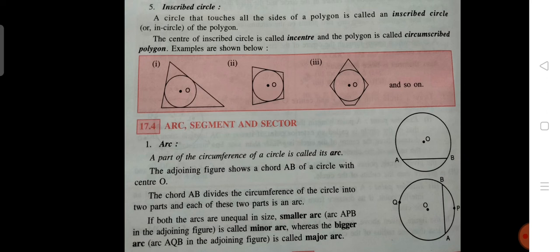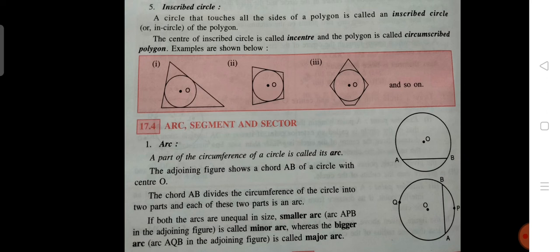If the two parts are unequal in size, each of these 2 parts is an arc. So what is an arc? When a chord divides a circle into 2 parts, each of the parts is called an arc.